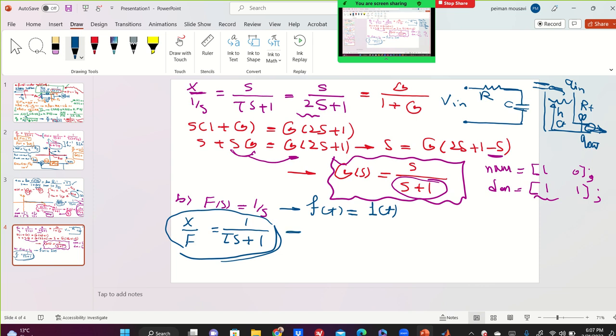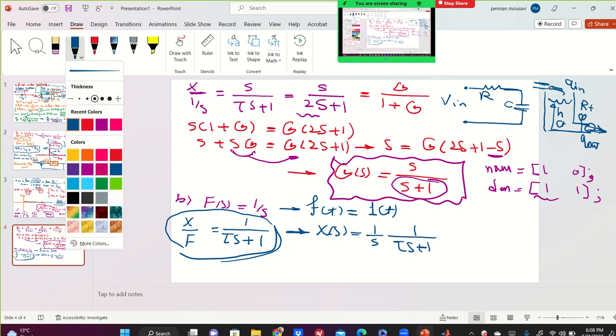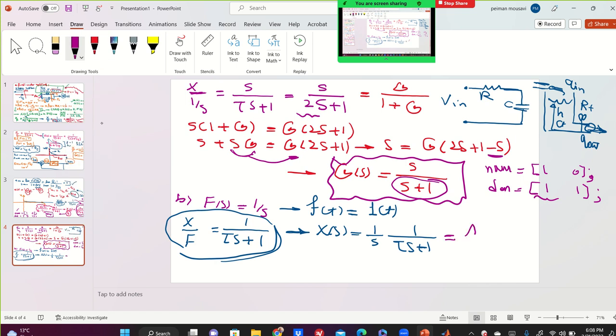Yes. So, having said that, x of s is going to be 1 over s times 1 over tau s plus 1, because your f of s is this. From high school, you know you can decompose this as A over s plus B over tau s plus 1.